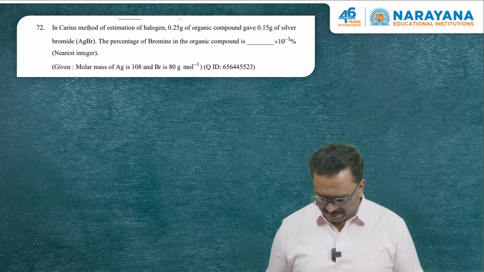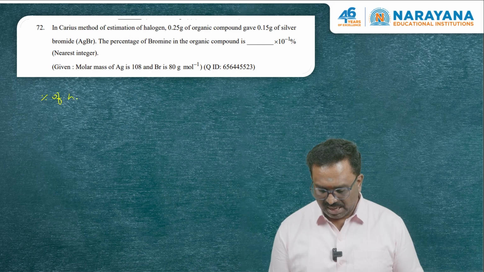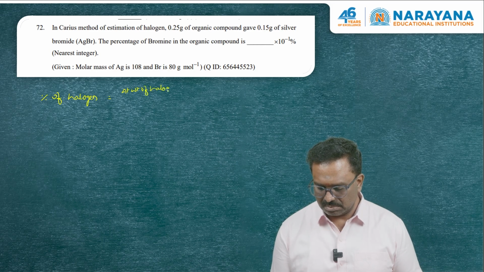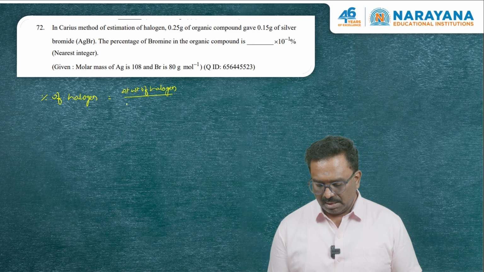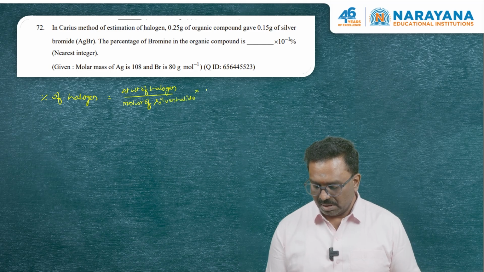So actually here we have percentage of halogen in Carius method is atomic weight of halogen by molecular weight of silver halide into weight of silver halide by weight of organic compound given into 100.